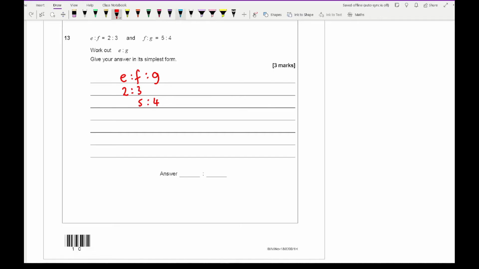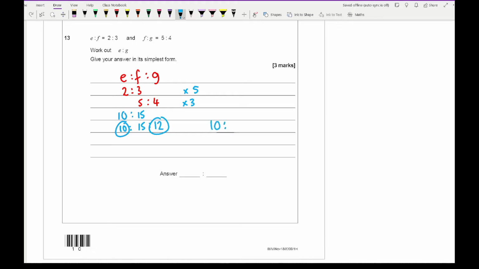Now if I multiply these 2 numbers by 5, I'm going to get 10 and I'm going to get 15. And if I multiply this by 3, then I'm going to get 15 to 12. And then the question is asking me to write e to g. Well, e to g is going to be 10 to 12.